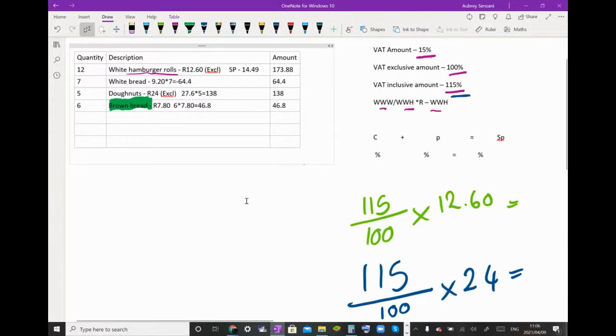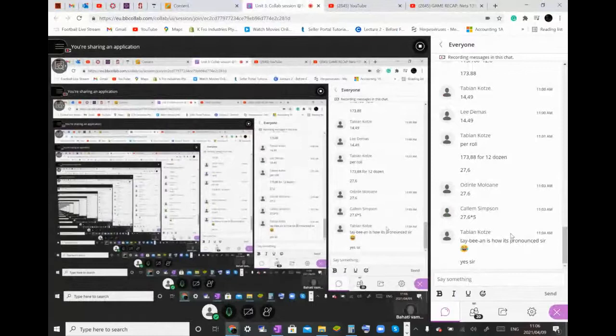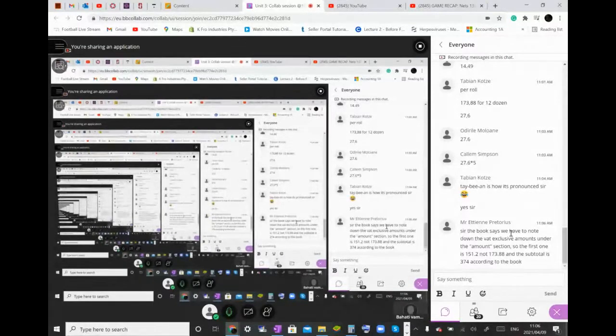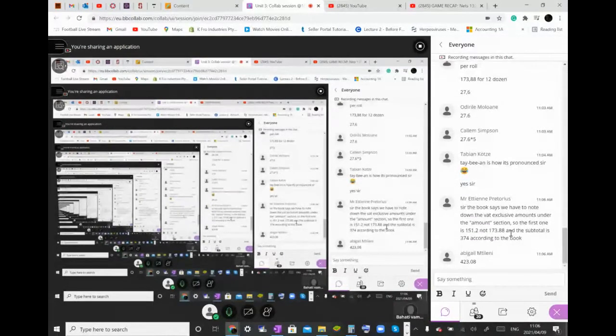So somebody tell me what then was the total that we got? What was the total on our invoice? I'm sure you guys calculated this. What is the total that we got? So the book says that we have to note down the VAT exclusive amount under the amount section.